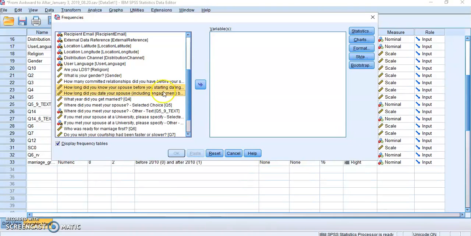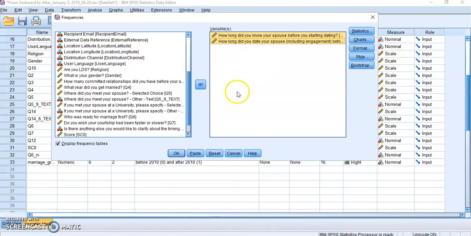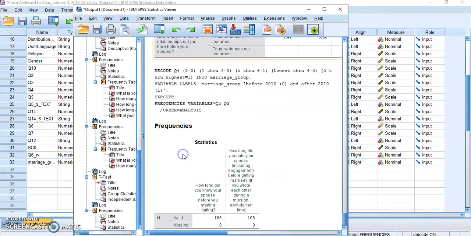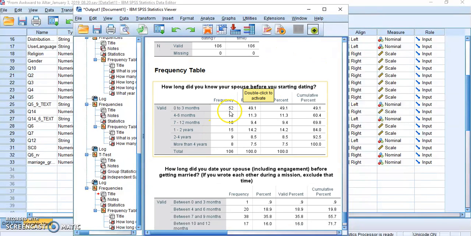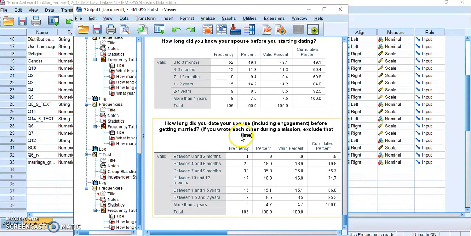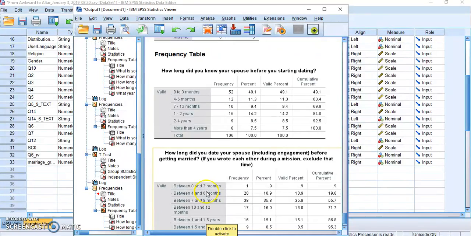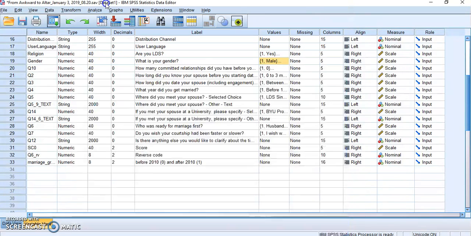Control click this one to bring it over together. And OK. Brings it up. Looks like 50% of them knew their spouse for 0 to 3 months before dating, and then longer times of that, but it doesn't look like there's any weird data, so we can move on.